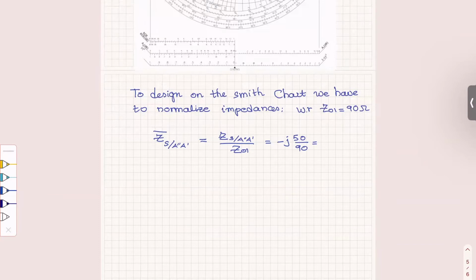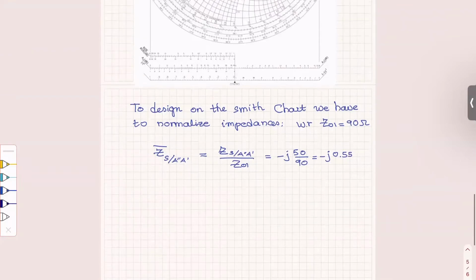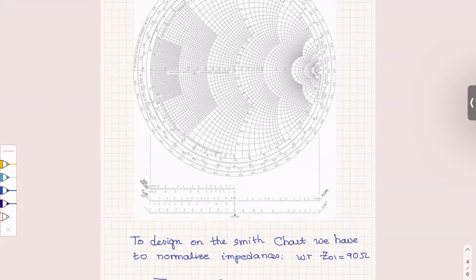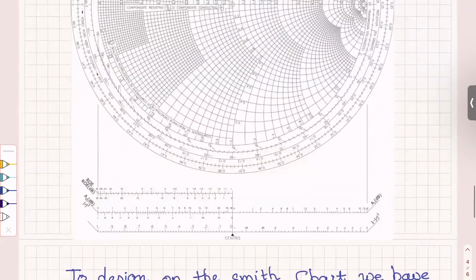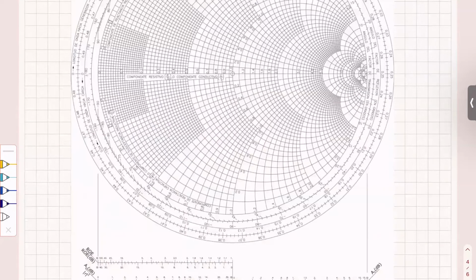Let me see. 50 divided by 90 equals minus j0.55. All right, now we go to find that point, ZS normalized at A double prime A. So we are looking on the Smith chart for where minus 0.55 is, and all of the minus values are in the lower part of the Smith chart.